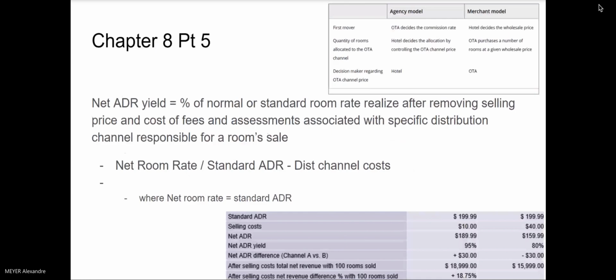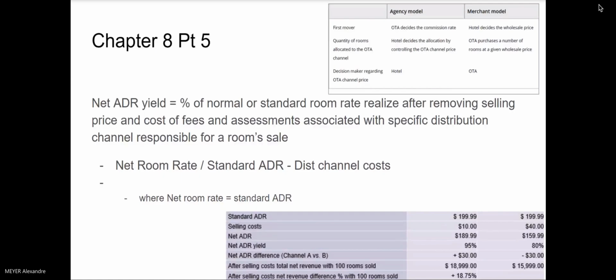All right, so essentially, a quick little table on the difference between agency models and merchant models. So here you have the OTA in a merchant model. The OTA decides the channel price. Remember, in a merchant model, the OTA, like Expedia or Hotels.com, purchases the rooms from the hotel, and they decide the price.